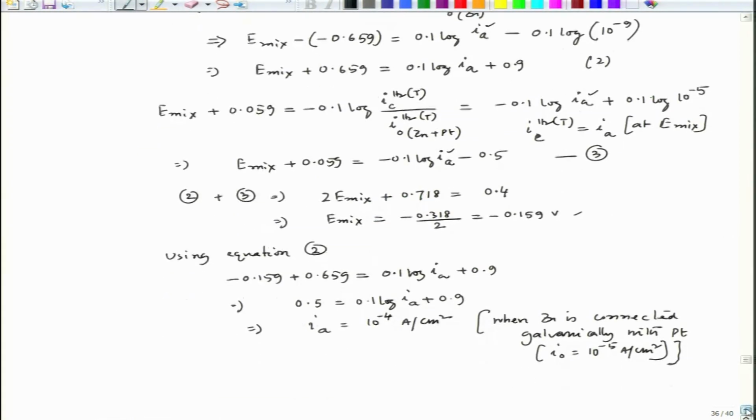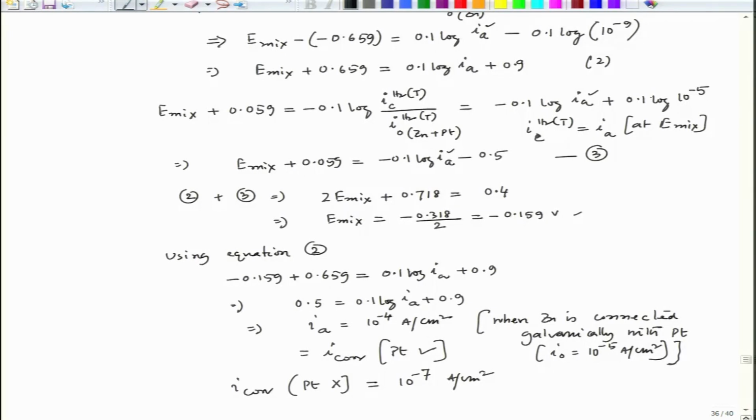So, what was without coupling? So, I A, and in fact, this is nothing but I corr when platinum is connected, and I corr when platinum is not there is equal to 10 to the power minus 7.